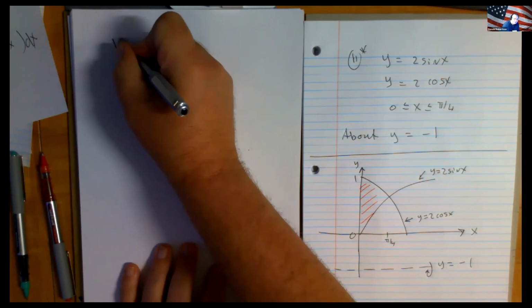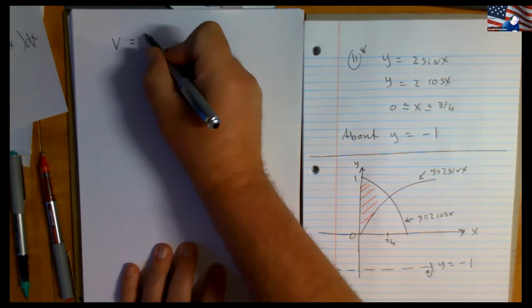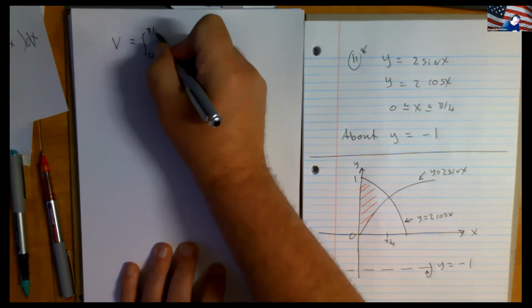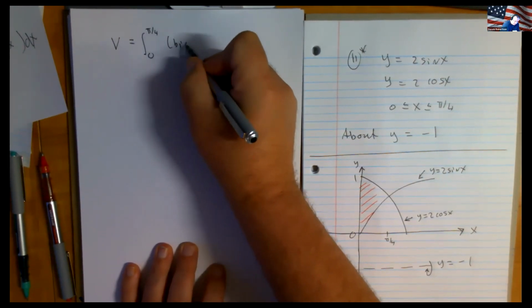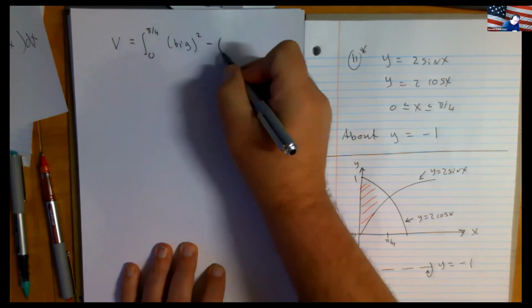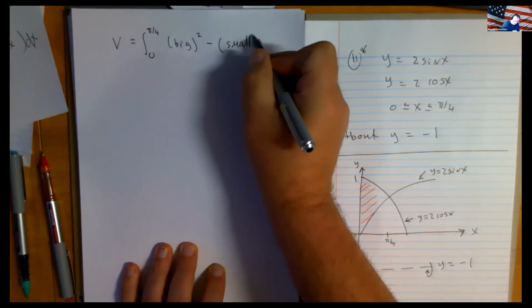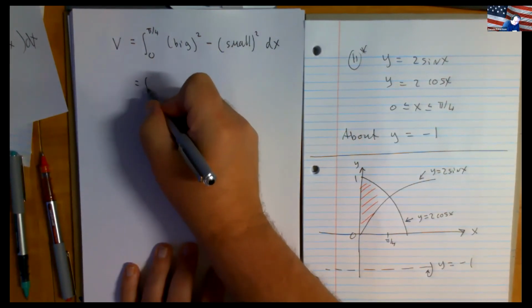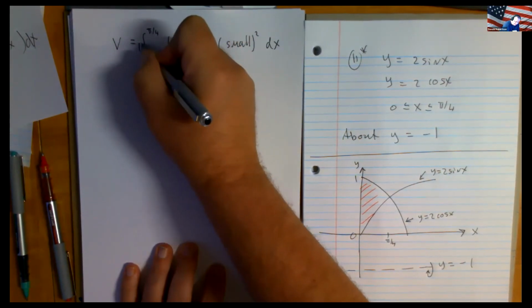So that means my volume is going to be the integral from 0 to pi upon 4 of the big distance, take away the small distance, and everything is going to be in x's. And there's a pi there.